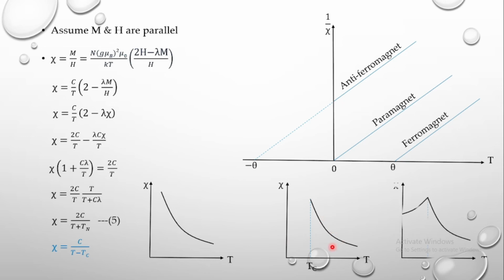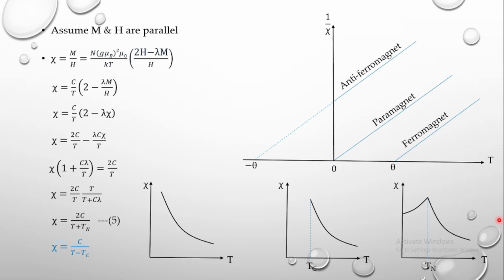Similarly for antiferromagnetic material, above Tn we observe Curie's law is valid, whereas below Tn antiferromagnetic nature is observed. So these graphs are according to equation number 5 and correspond to paramagnetic and ferromagnetic material.